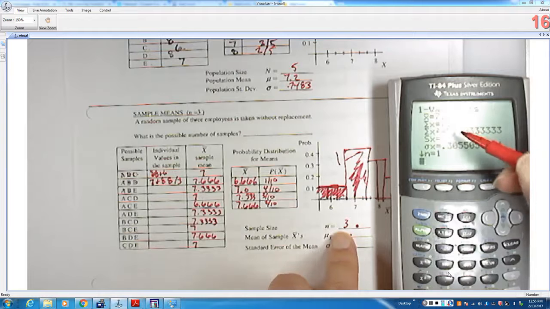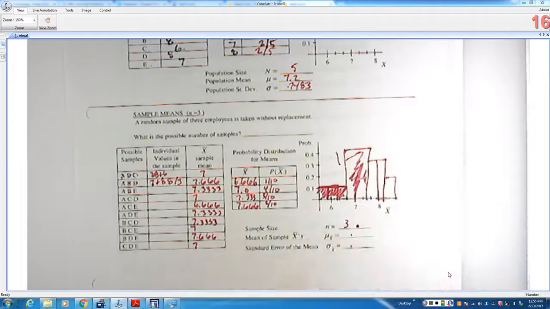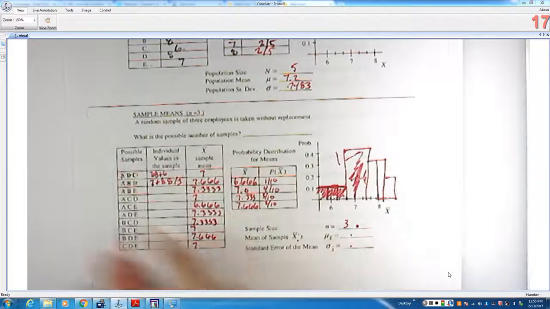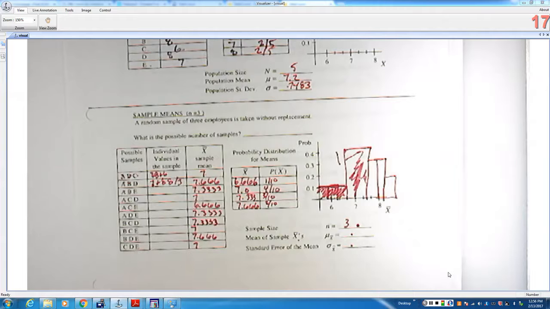What is the mean of this distribution? 7.2, isn't it? So this is the mean of the distribution of these sample means. Do you see that? That's the mean of the distribution of all those sample means.